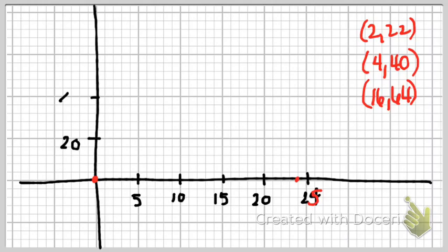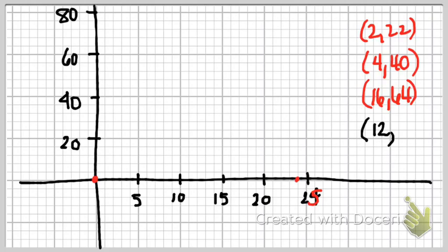20, 40, 60, 80. And also, so that we can figure out where exactly that vertex is, we're going to input 12, because 12 is halfway between 0 and 24, and see what happens when we input 12.